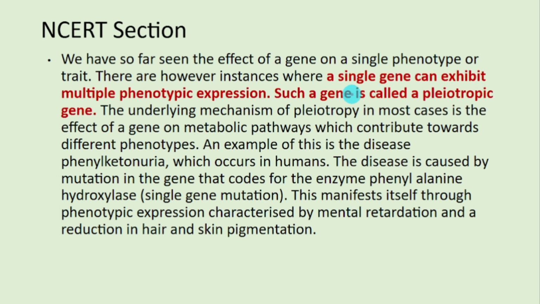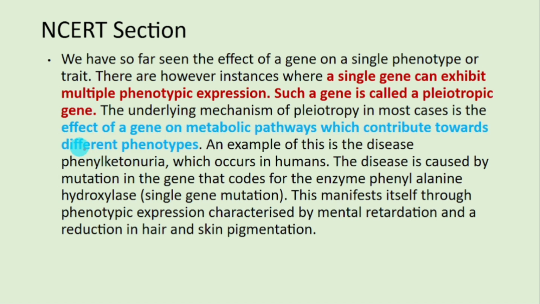So see, this is the definition of pleiotropy. A single gene can exhibit multiple phenotypic expression. Such a gene is called pleiotropic gene. The underlying mechanism is, in most cases, the effect of a gene on a metabolic pathway contributes towards different phenotypes.